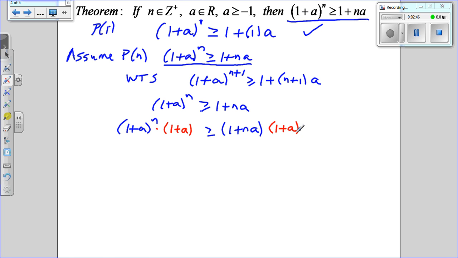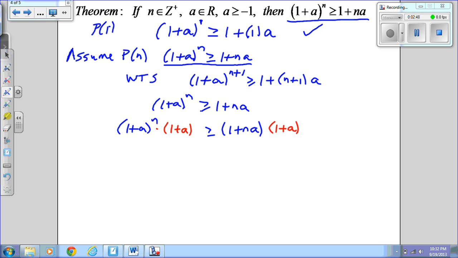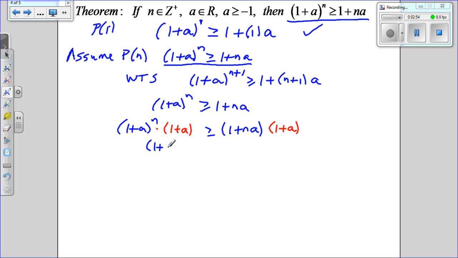And let's think about why we'd do that. On the left-hand side, use your power rule. I'm multiplying two powers with the same base, so simply add the exponents. That becomes (1 plus a) to the n plus 1 power, which is the left-hand side of what we're trying to show.